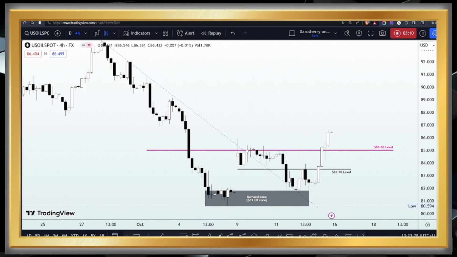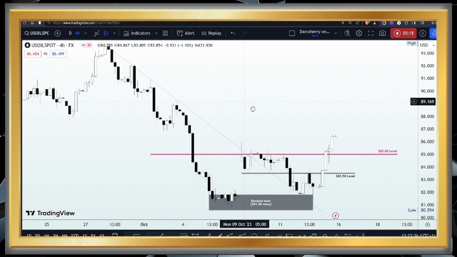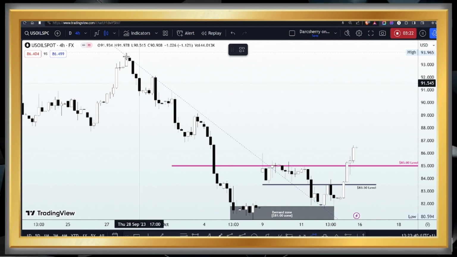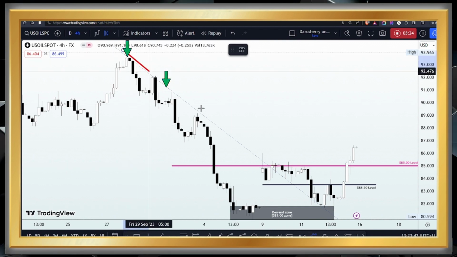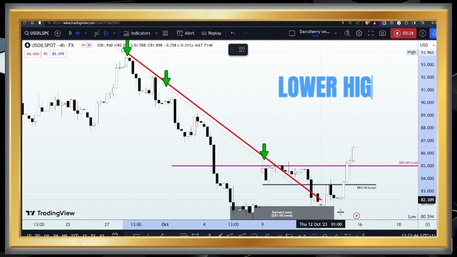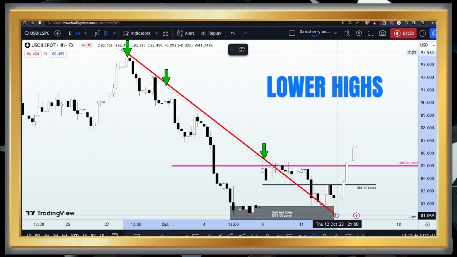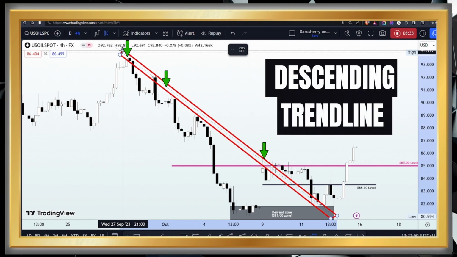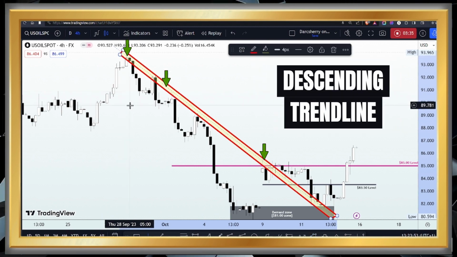In this analysis, we will be focusing on the price action observed since the start of the month. And if you look at this closely, you will see that since the month began, price had consistently found lower highs. And when we connected the series of lower highs here, we have this beautiful descending trend line to work with.